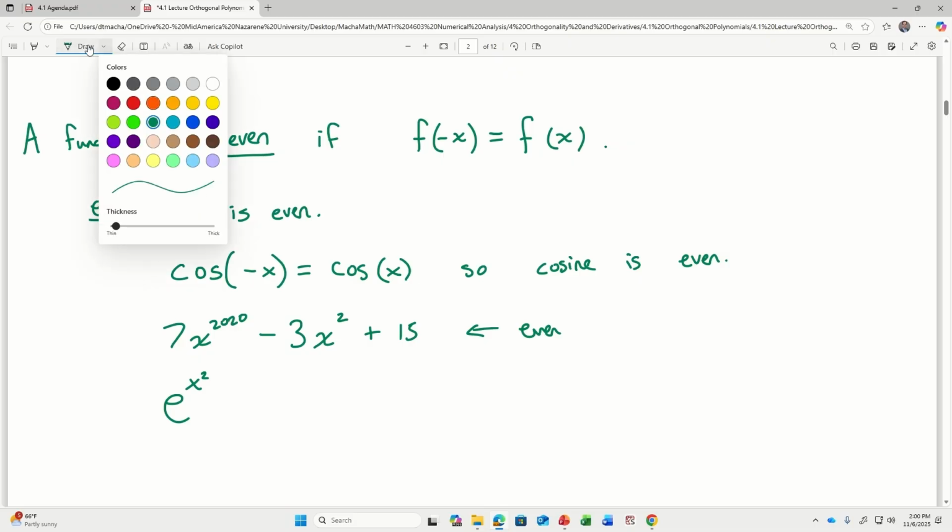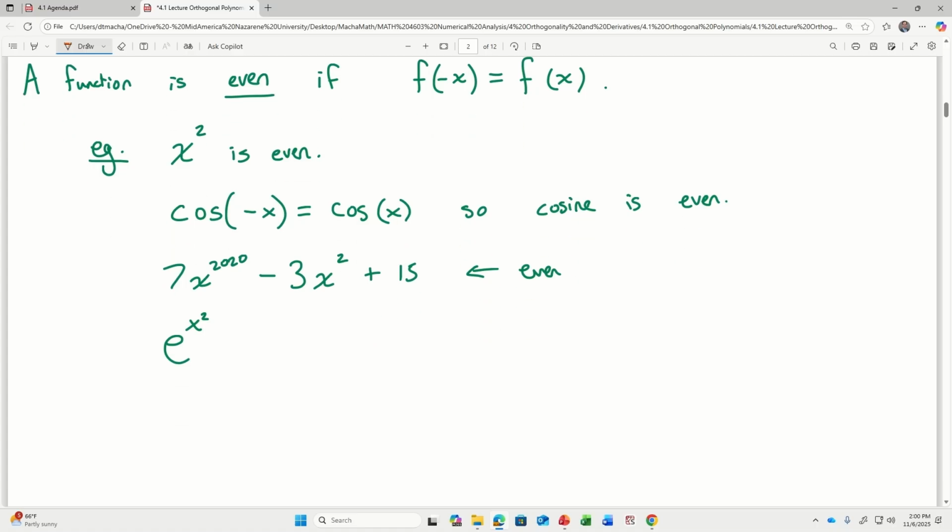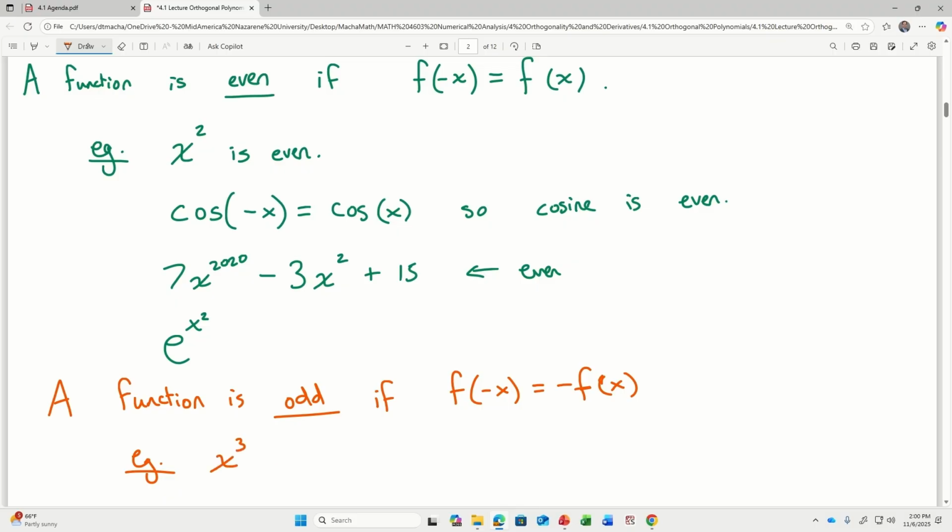Let me give you the definition of an odd function. A function is odd if f of negative x is equal to negative f of x. For example, x cubed is odd because if I take -2 cubed, it's -8.